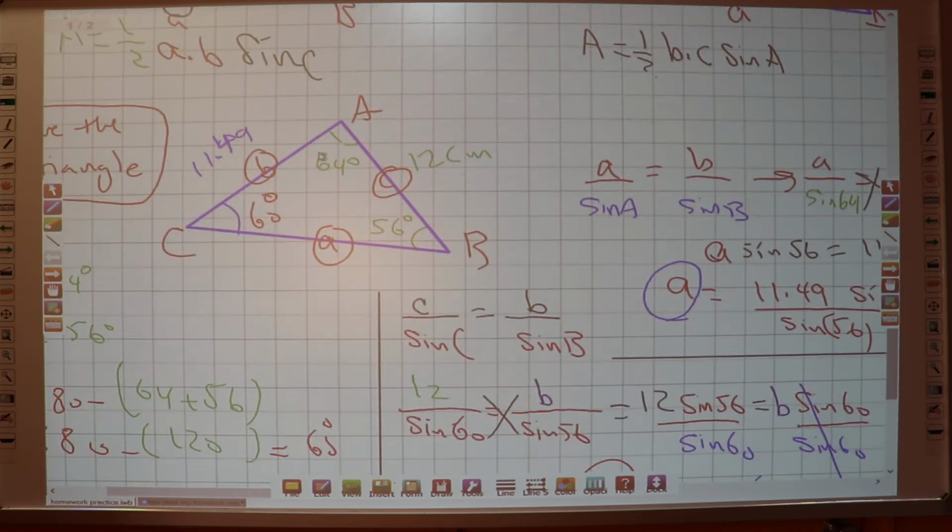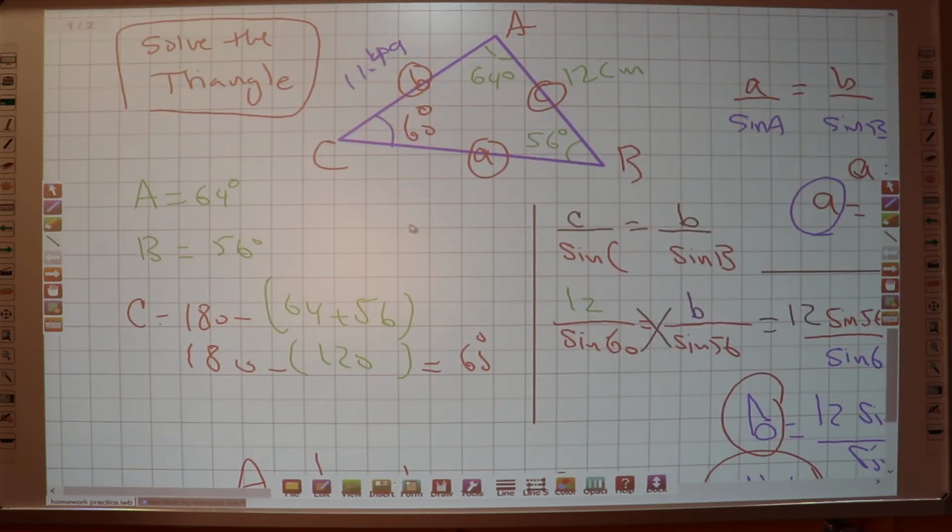Two angles are given and one side, and to find the third angle is easy, because the sum of all angles in a triangle is 180, minus the sum of the two given angles. That gives you the third angle. Since we have the third angle, then we can apply the law of sine. What do we have today? Today we have the second case.